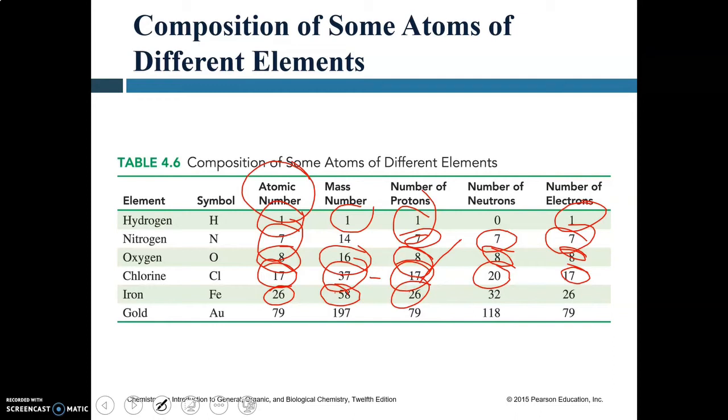The typical iron with a mass number of 58 is going to have 32 neutrons, but still 26 electrons. And finally, for gold, 79 protons, which is the same as the atomic number, and 118 neutrons, which is mass number minus atomic number, and 79 electrons.